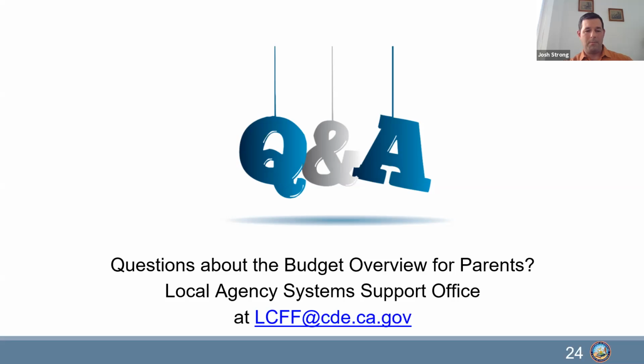There's a question here about what must be posted. So what's required to be posted at this point in time on an LEA's website are the learning continuity and attendance plan, the LCAP federal addendum, and once it's been adopted, the budget overview for parents.